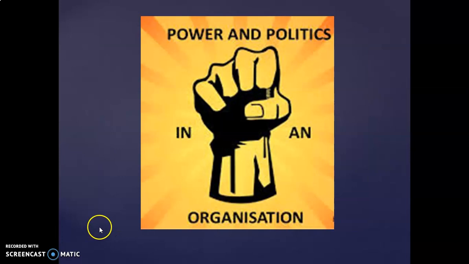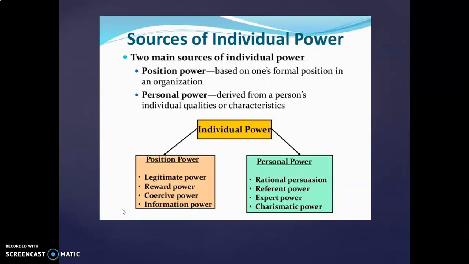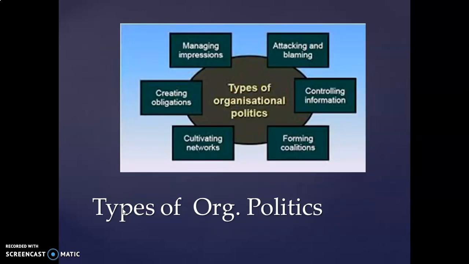Now, let us talk about power and politics in an organization. Talking about the types of organizational politics, there are 4 or 5 types of instances which can be recognized in any organization. So first is creating obligations.